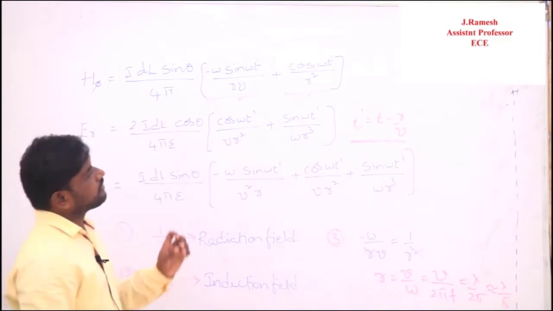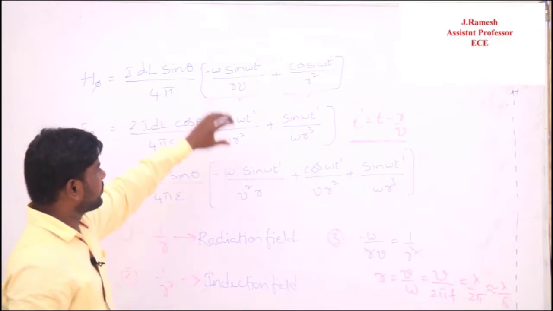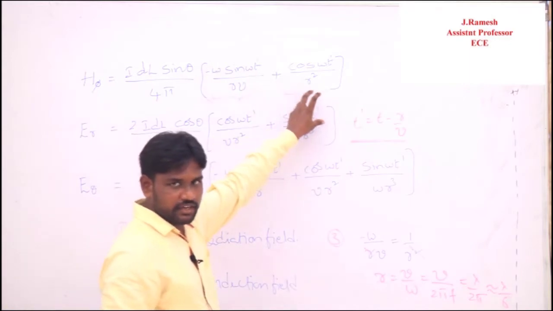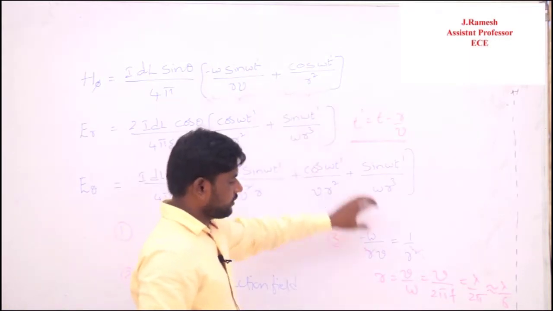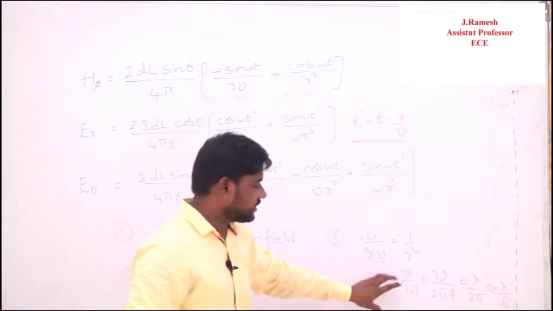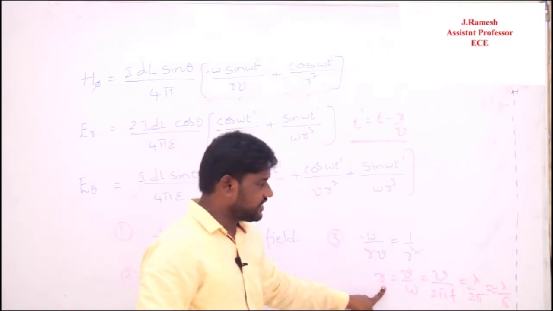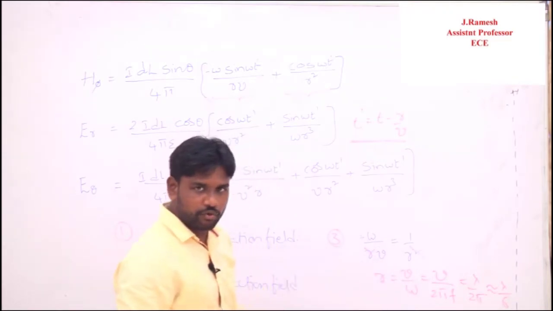So this is exactly the condition for equal magnitudes. Now, if you observe the 1 by r term and the 1 by r square term, both give the same magnitudes at the particular condition r equal to lambda by 2 pi.